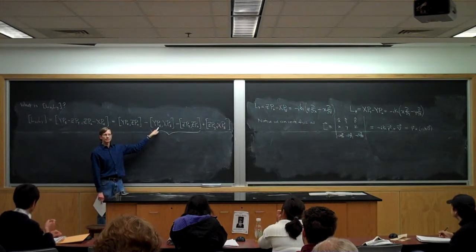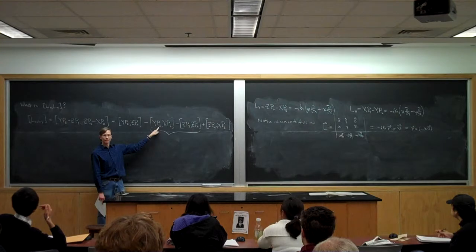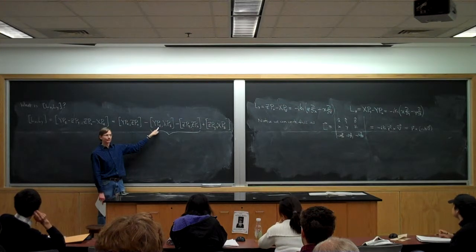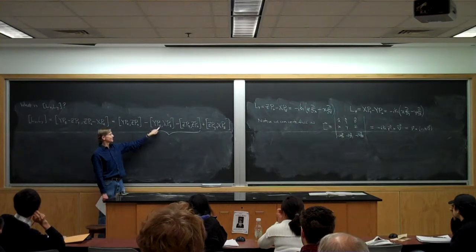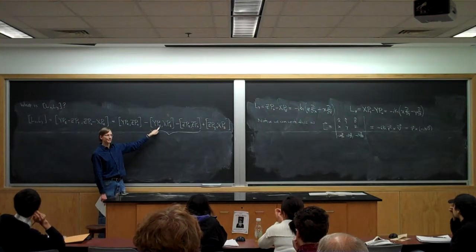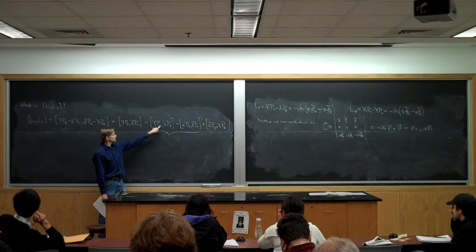Does y commute with pz? Remember our commutation relations. Go back to the beginning. Does y commute with pz? Yes, it does, because pz is minus iħ d/dz. So it doesn't matter whether you take d/dz of y times the function or y times d/dz of the function, because to a derivative with respect to z, y just looks like a number.